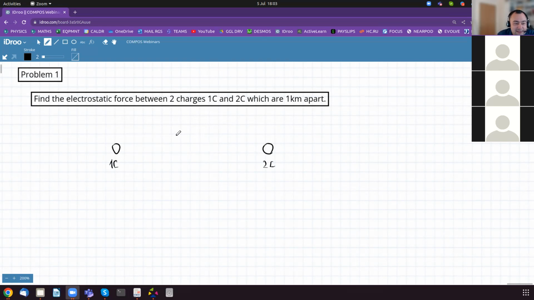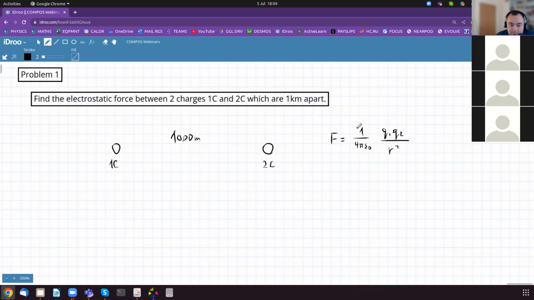So they're 1 kilometer apart, so that's 1,000 meters. And we know that the force can be found using Coulomb's law. It's 1 over 4 pi epsilon naught multiplied by Q1 Q2 divided by R squared, where R is the distance between them.